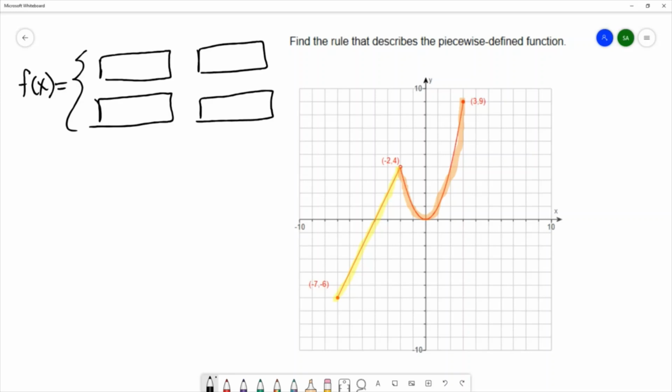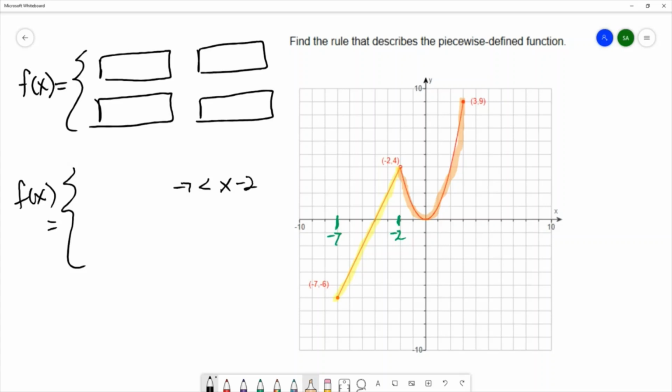On the linear piece, I can see that that piece starts at -7, and that piece stops at -2. So for the linear piece, I am going to have the condition that x needs to be in between -7 and -2.